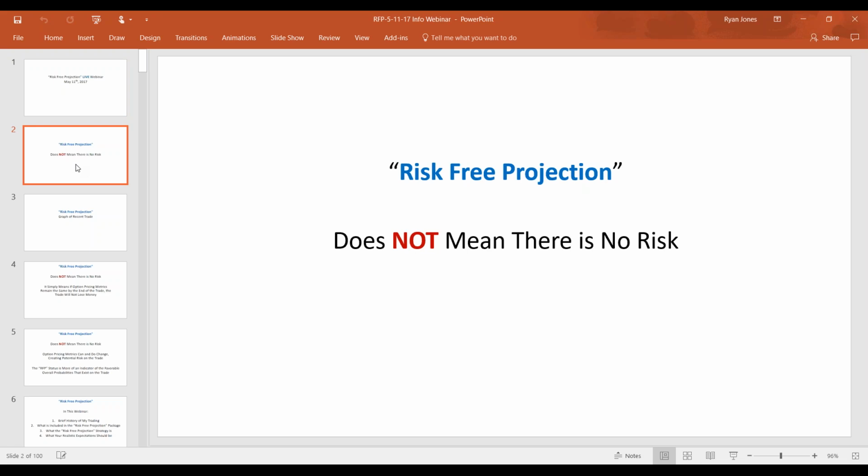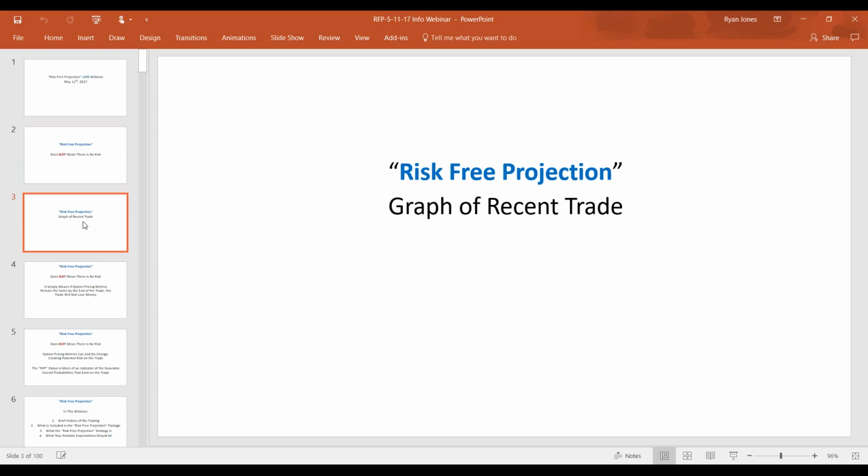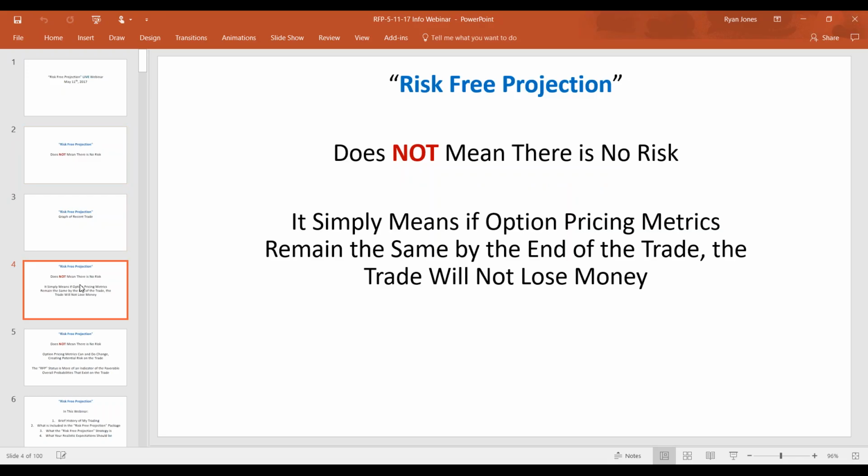I'm going to start with this, and you'll hear this a lot. I talk about it a lot. Risk-free projection does not mean there is no risk. If you even remotely think that is what we're talking about, that is not what we're talking about. I'm going to show you that here in a minute.